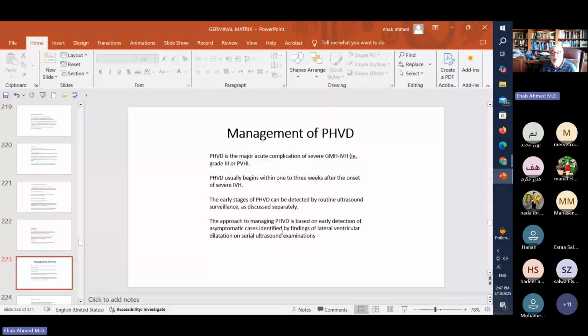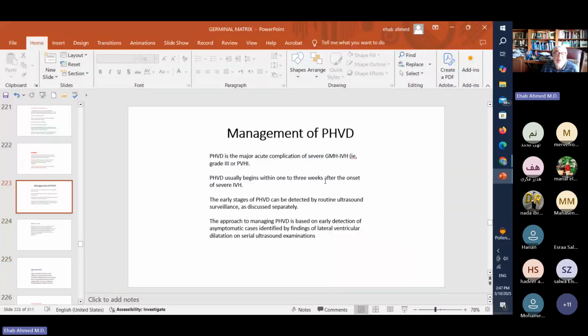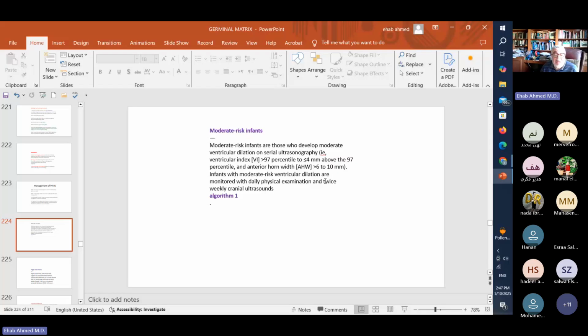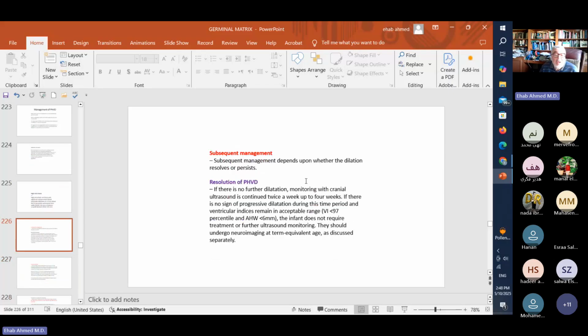Management of post-hemorrhagic ventricular dilatation. We said it could be mild, moderate, or severe. Mild, no intervention. Moderate, there is an algorithm for that. High risk, we said who are the high risk people. If it was mild, there will be resolution.